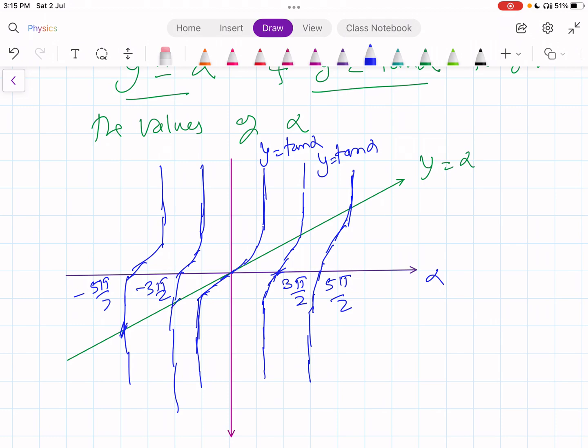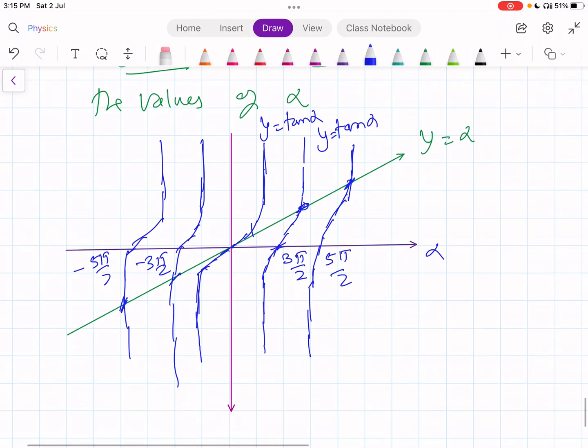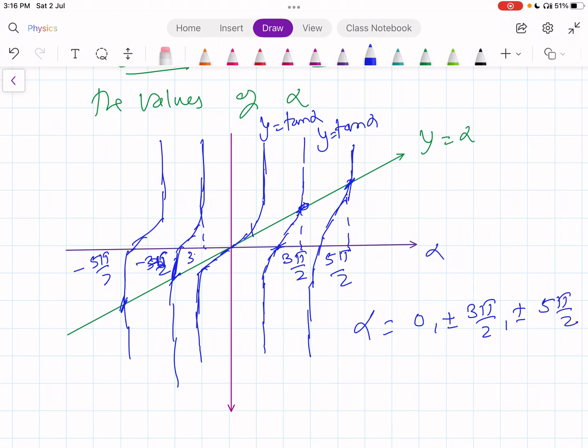So these are the intersection values. We get the value of alpha at these intersections. That is when this alpha is equals to 0 or equals to this value over here, 3 pi by 2.